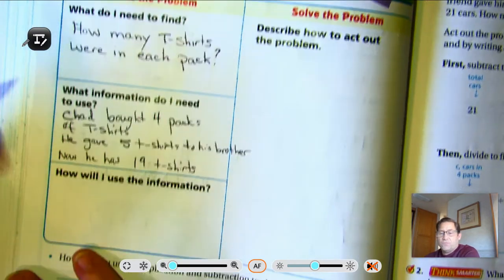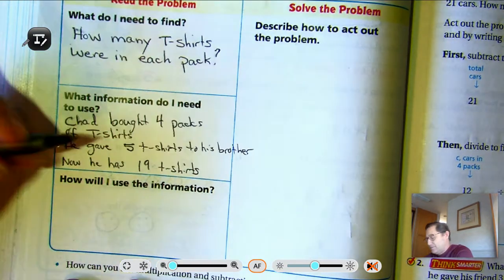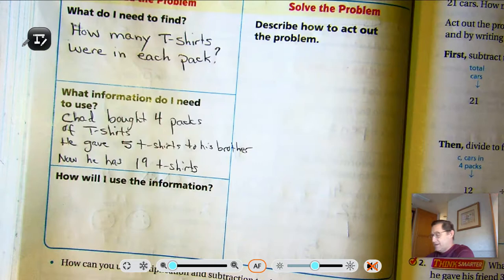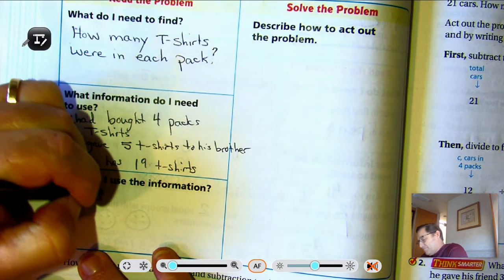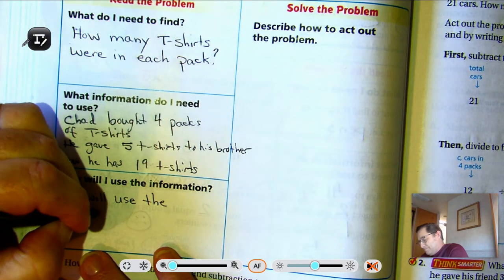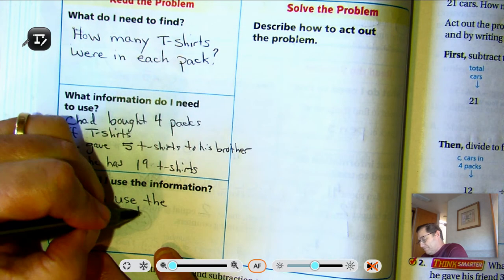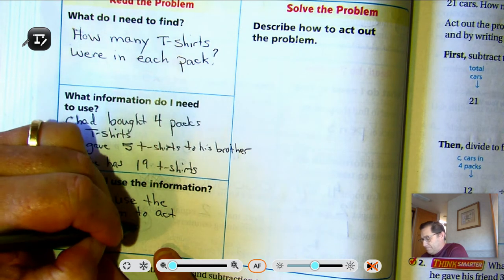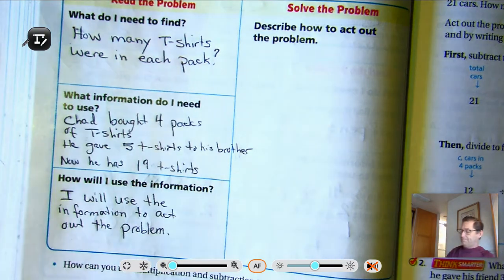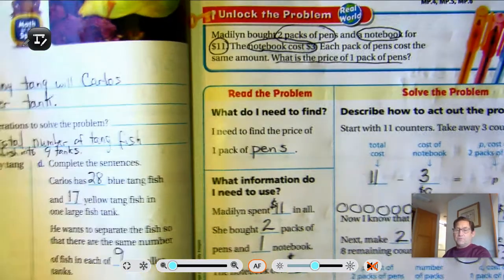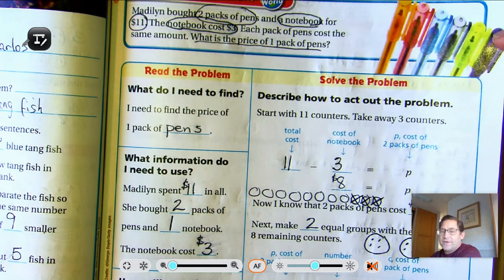How will you use the information? We can use the information to act out the problem, just like we did here. I will use the information to act out the problem. Okay, so when we look back at this one, describe how to act out the problem. Start with 11 counters, take away 3 counters.